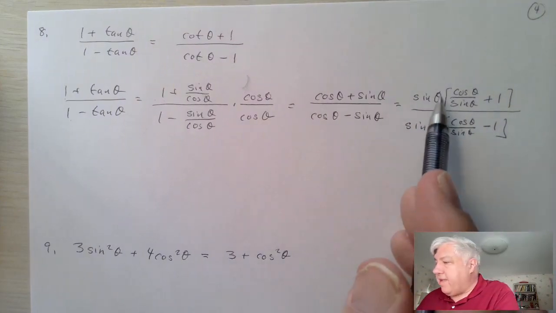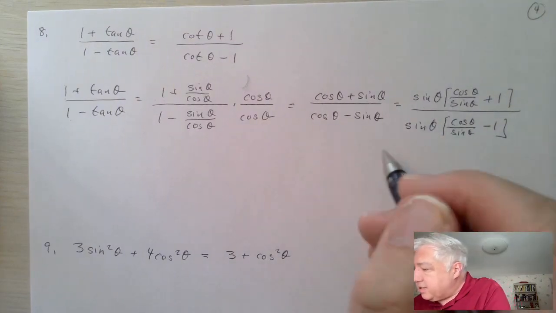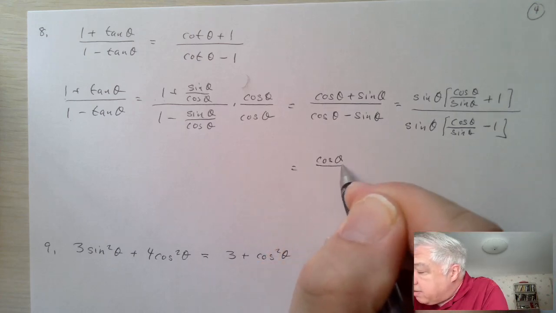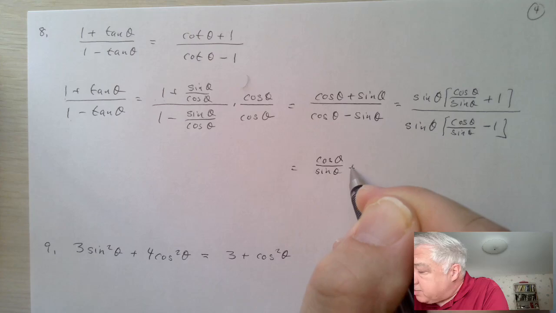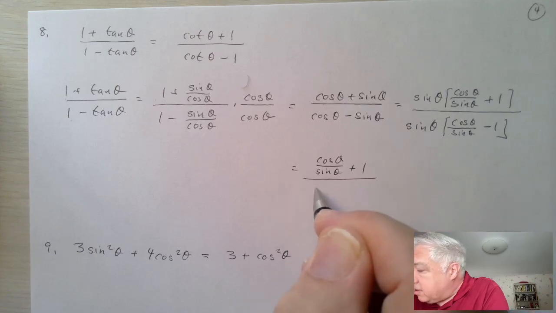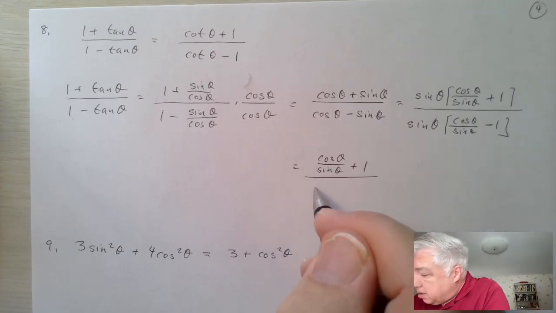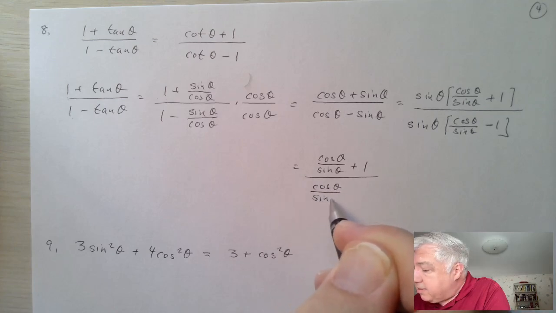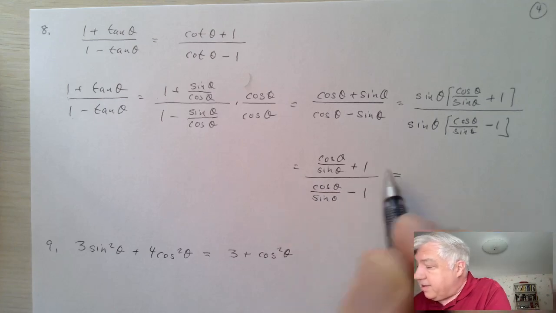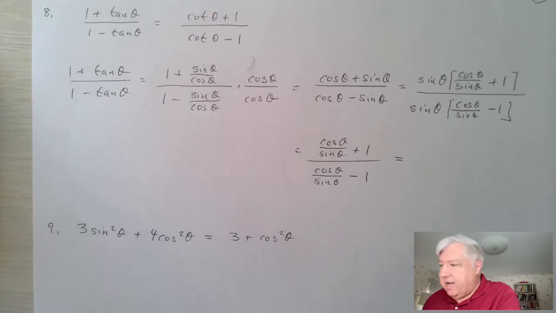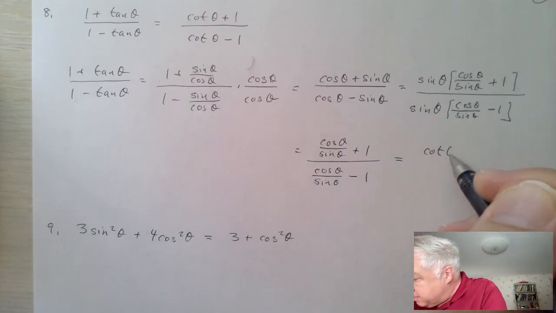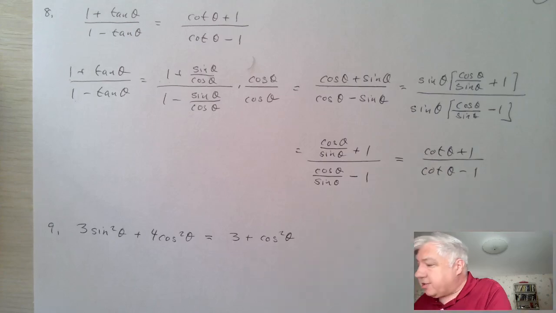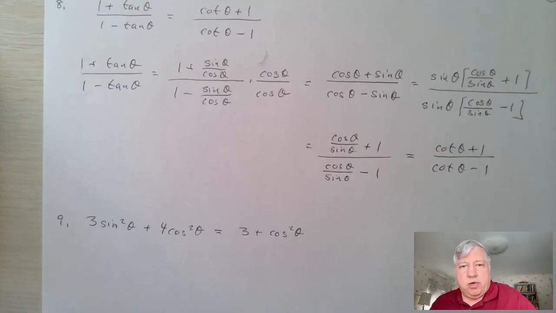And if we do that, the sines will cancel, and we'll just get cosine theta over sine theta plus 1 over cosine theta over sine theta minus 1. And of course, cosine divided by sine is the cotangent. Okay, which is exactly what we wanted to prove.